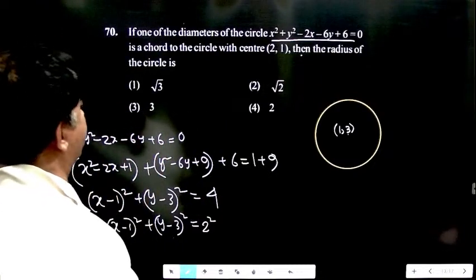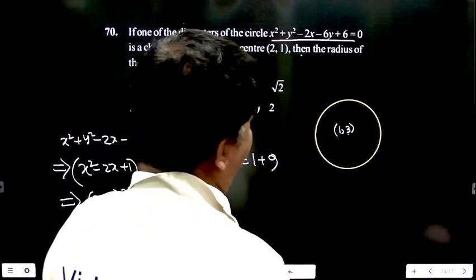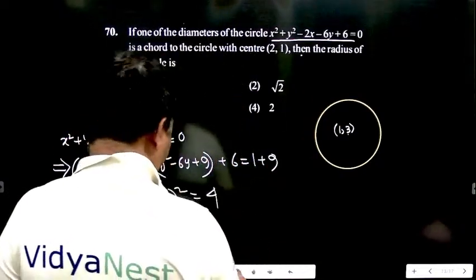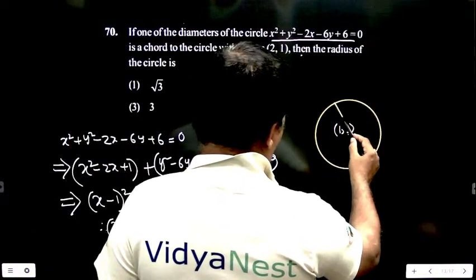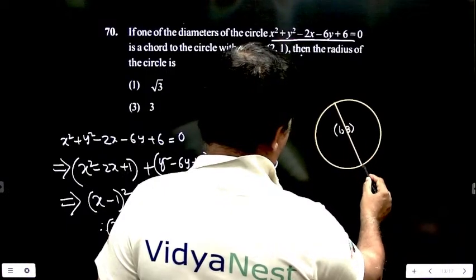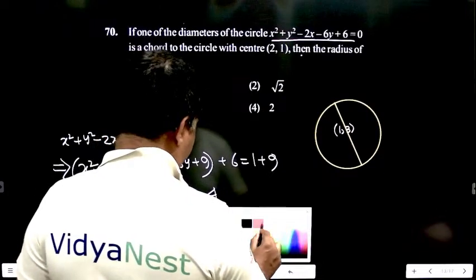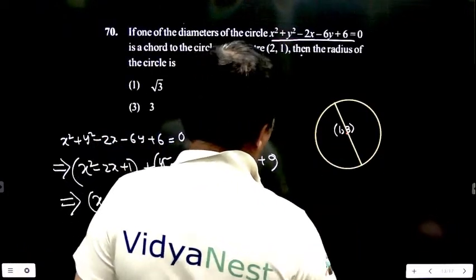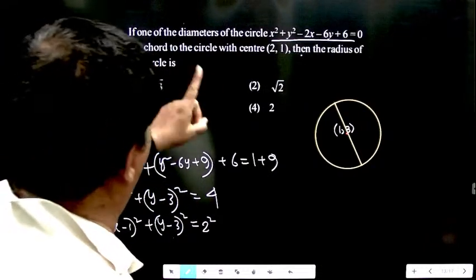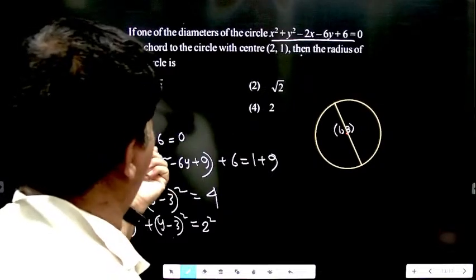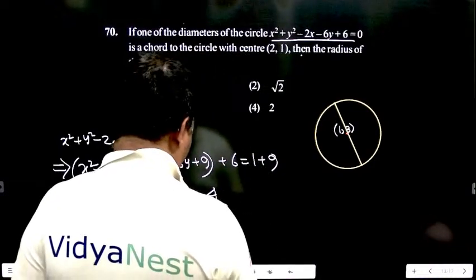Now, one of the diameters of this circle, diameter will pass through 1, 3. One, the diameter of this circle is a chord of another circle with center 2, 1. So, you draw another circle.